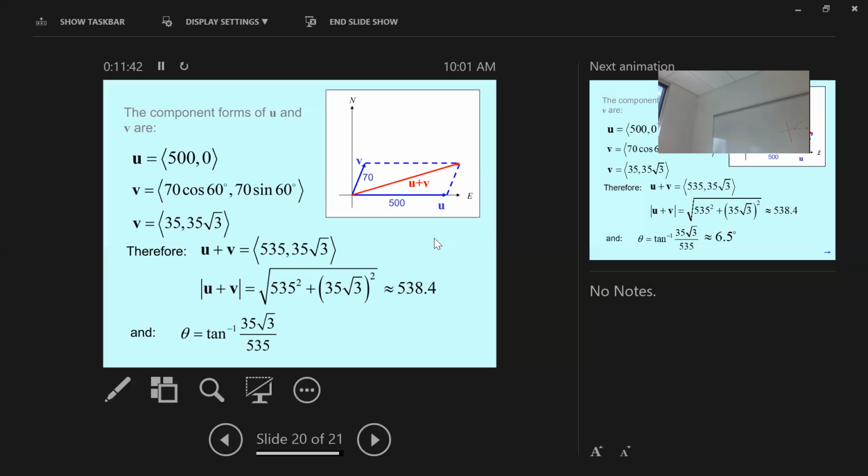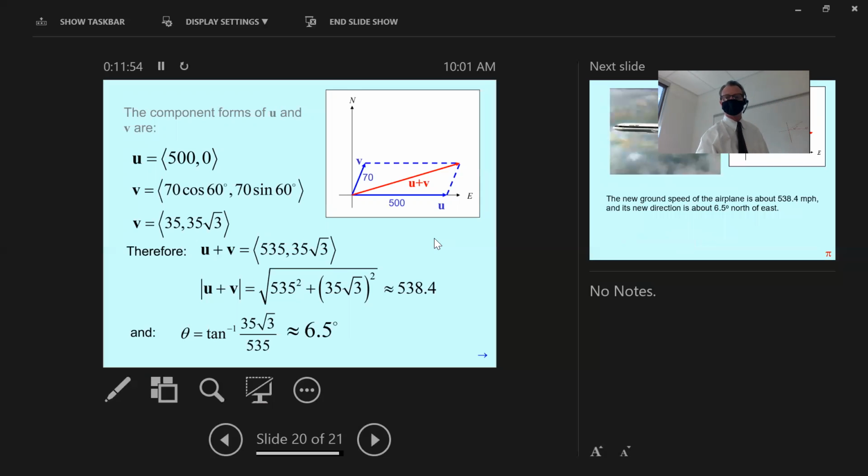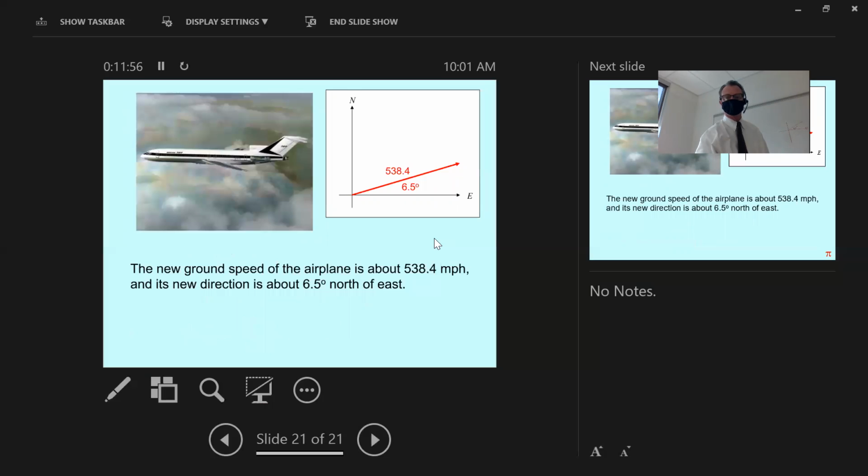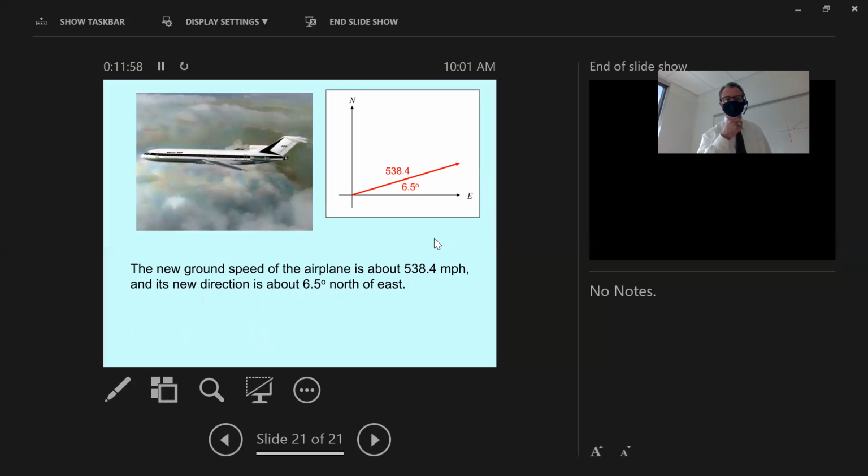This is the 535 to there, beneath that. 500, 535. So now what? They're saying the new speed is 538 because it's got this tailwind. And the new direction is 6.5 degrees north of east.